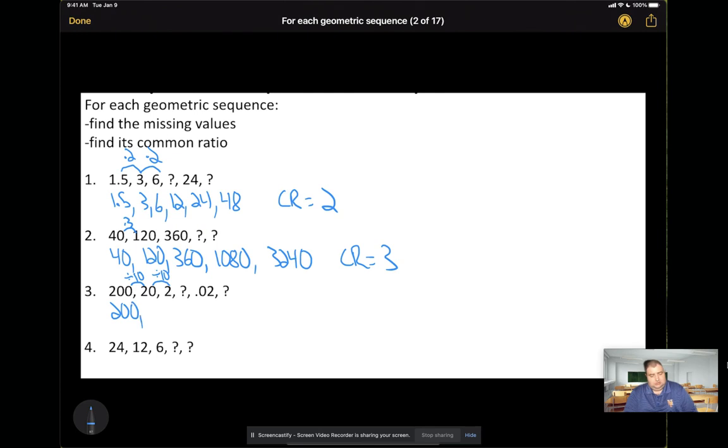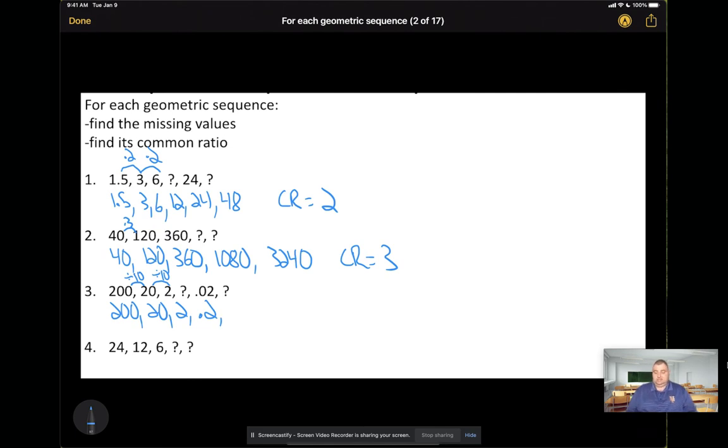So that first question mark is going to be 2 divided by 10. And again, if you can't do it in your head, there's no shame in using a calculator. So 2 divided by 10 is going to be 0.2.